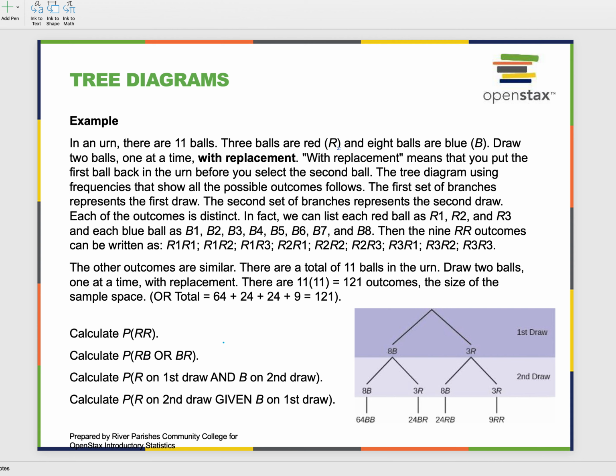Or is it just a matter of mixed colors? Do I care which way it goes? Let's not do that first. Red on the first draw and blue on the second draw. Red on the second draw given blue on the first draw. Well, given that they're independent, because we've done replacement, this one is simple. The very last one is very simple.